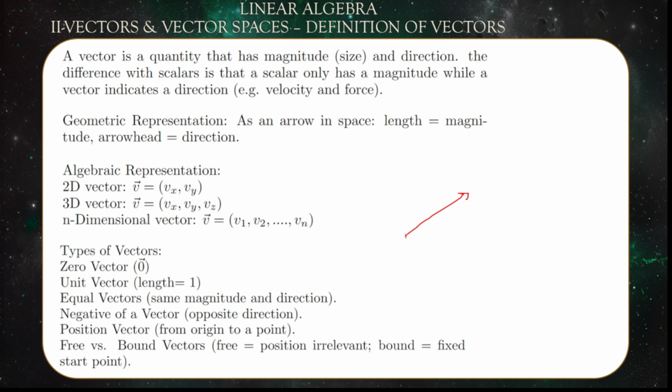Its negative is the opposite vector having the same magnitude but a completely inverted direction. Now, free vector would be like this, it can go anywhere. Free, so the position of it is irrelevant. However, a bound vector has the same origin, so it would change directions, but it is always fixed at the same originating point. Hope this clears it out.